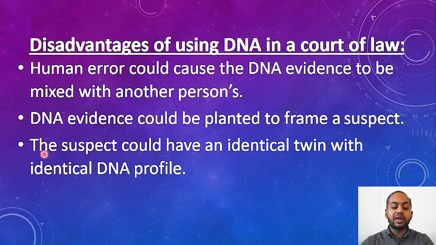So if a suspect in a specific case has an identical twin, then it could be a disadvantage if you're going to use their DNA in a court of law, because the identical twin would have the exact same DNA as they have, and then it would be difficult to prove that that particular person is either innocent or guilty in this particular crime that you are trying to solve.